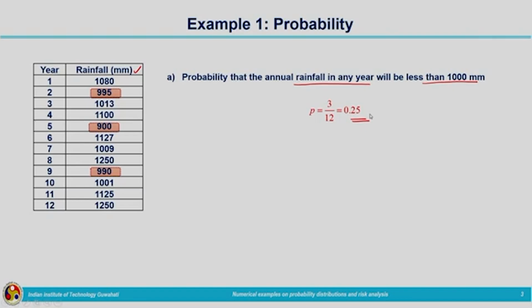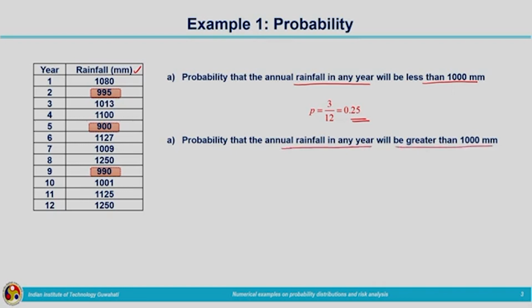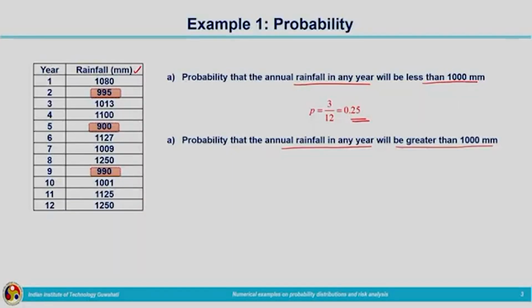Now, the second part is to find the probability for the events with value greater than 1000 millimeters. Here three events are less than 1000 millimeters, so the remaining events will be greater than 1000 millimeters. In the data points we do not have any data equal to 1000 millimeters.